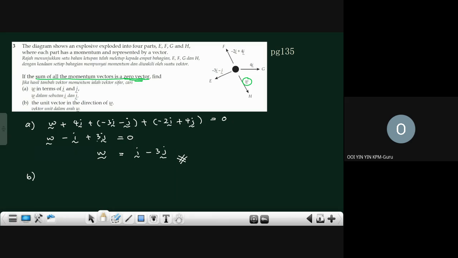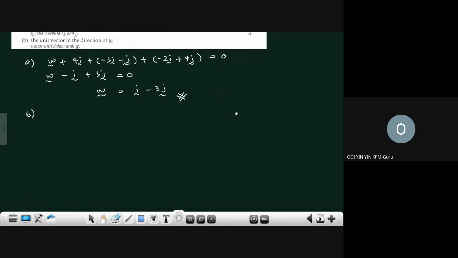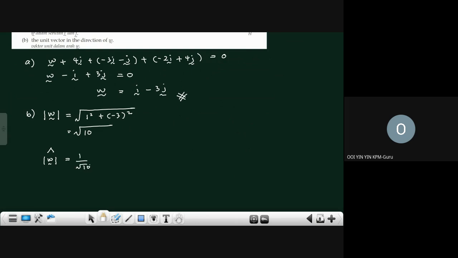Still remember what we have learned at the very beginning: to find your unit vector, first we must find the magnitude of W. The magnitude of W is the square root of 1 squared plus negative 3 squared, so square root of 1 plus 9, which is square root of 10. Then the unit vector of W equals 1 over square root 10 times your vector W, which is i minus 3j.